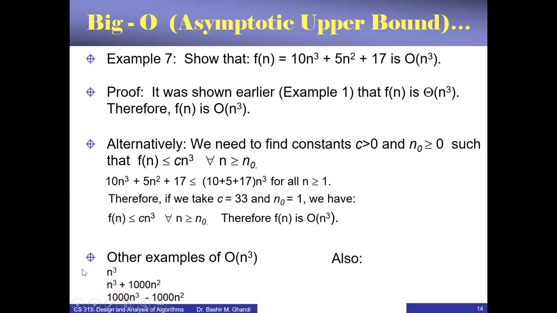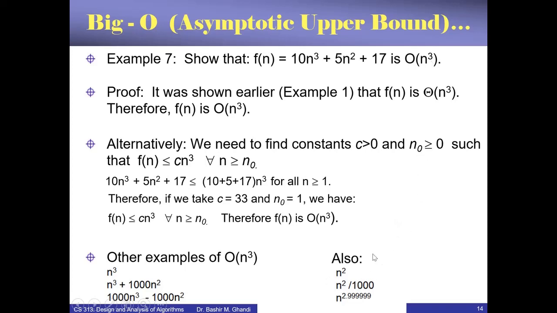But look at this set. N squared, we are saying, is also big O of n cubed, belongs to this class. N squared over 1000, even n to power 2.9999, or n alone without any power, they all belong to big O of n cubed.